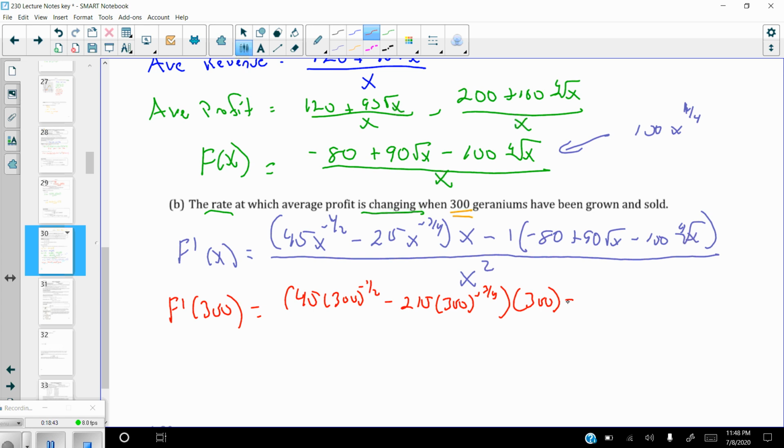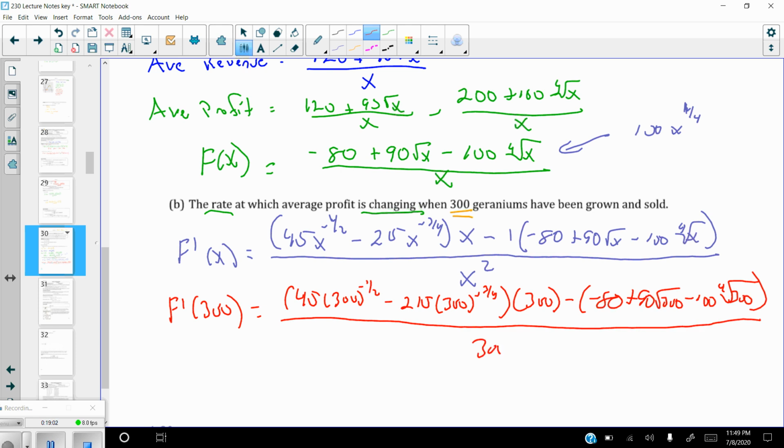minus 1 times, I'm not going to write the 1, negative 80 plus 90 square root of 300 minus 100 fourth root of 300 all over 300 squared.